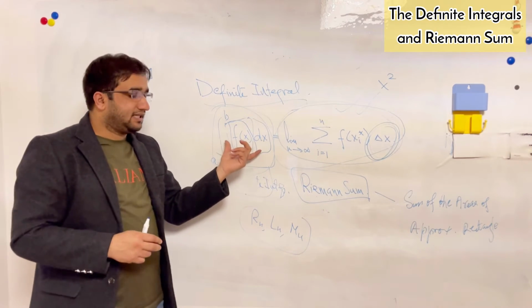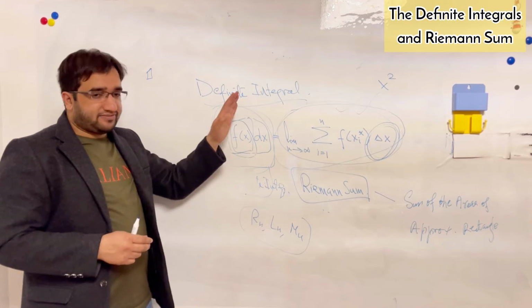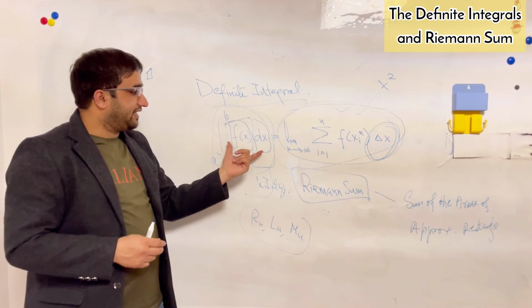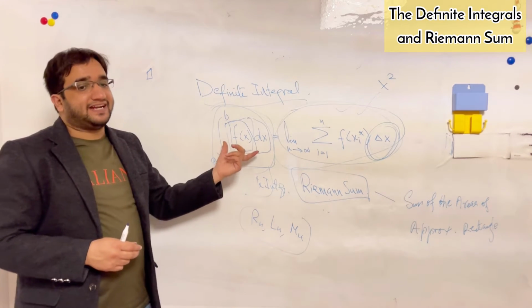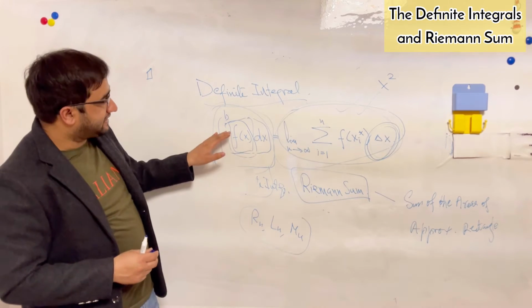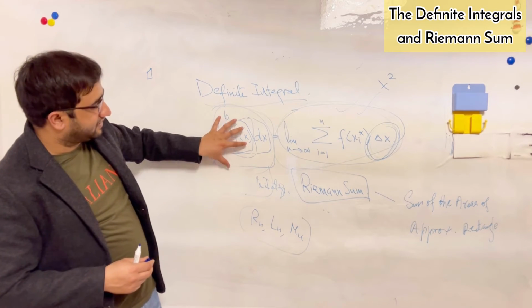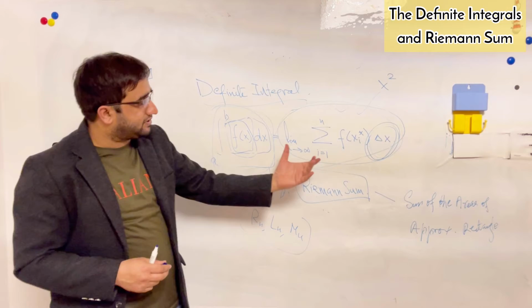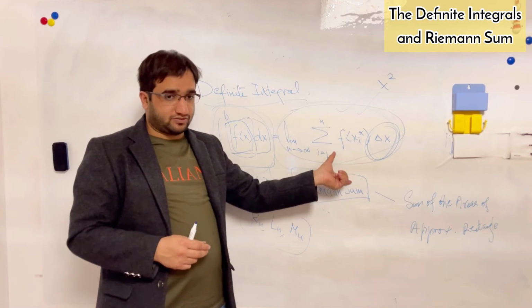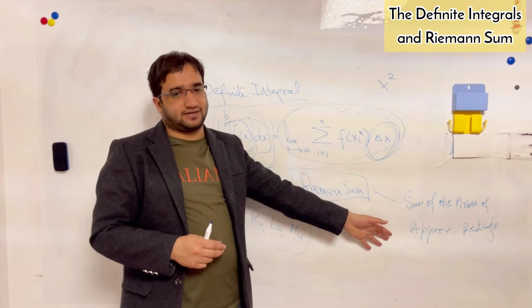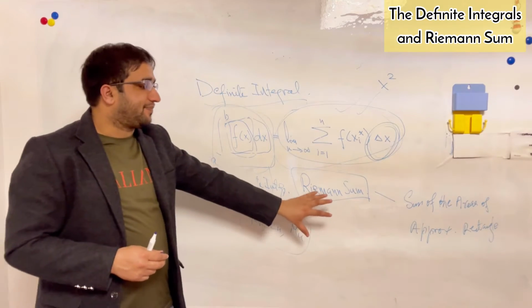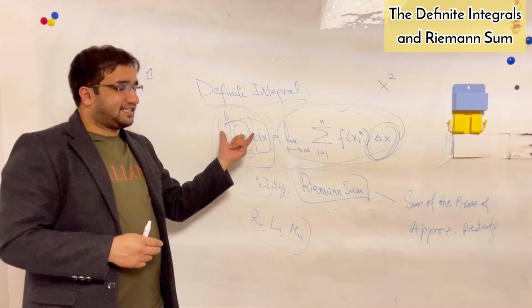So until we get to that formula, whenever I ask you to find the integral of this function, you will say, okay, the integral of this function for this domain is equal to the Riemann sum of this function for this domain, and then you will calculate the Riemann sum and tell me the approximate answer of this integral is this.